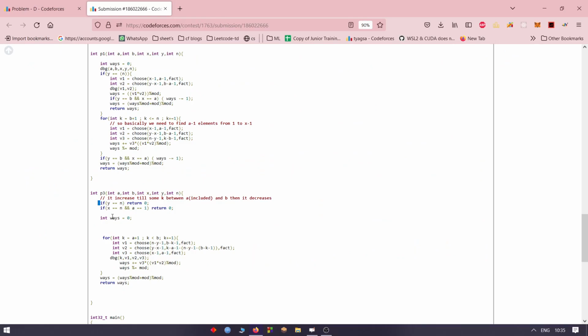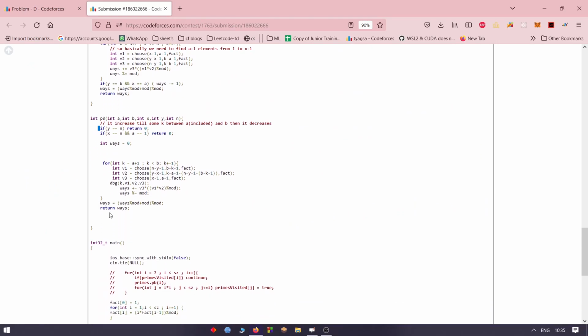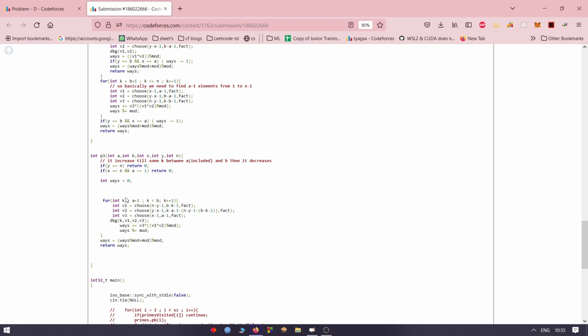So I will also show you the code for that. We iterate for k equals a plus 1 and less than b, which is the point where n will lie. You have three values, v1, v2, v3. So v3 is simple, the values which are less than x, and you have to choose a minus 1 values. Similarly, v1 was the values which were between n and y.